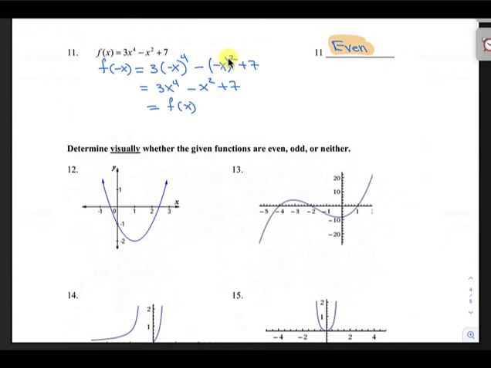Likewise, negative x squared is also positive. The negative in front of that remains negative, so that's minus x squared, and then we still have the positive 7. Comparing this to the original problem, we see that it is exactly the same. So f of negative x is equal to f of x, and that means this is even.